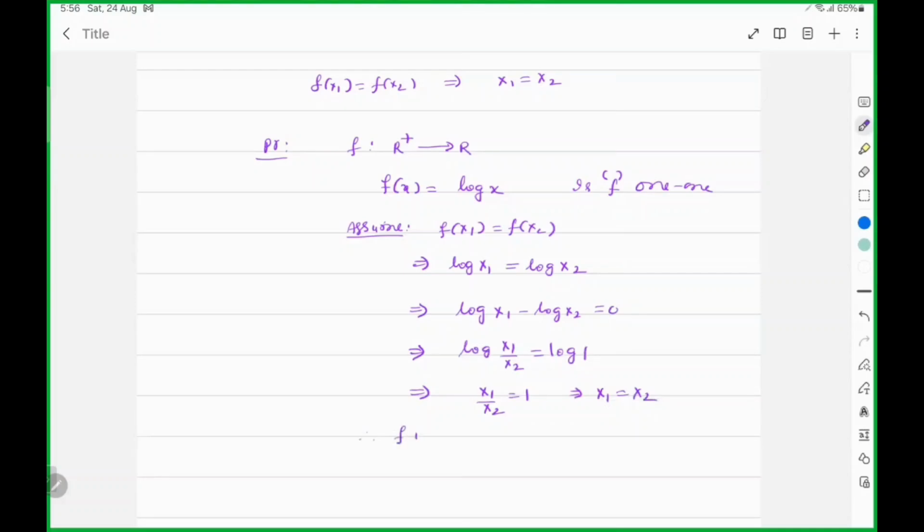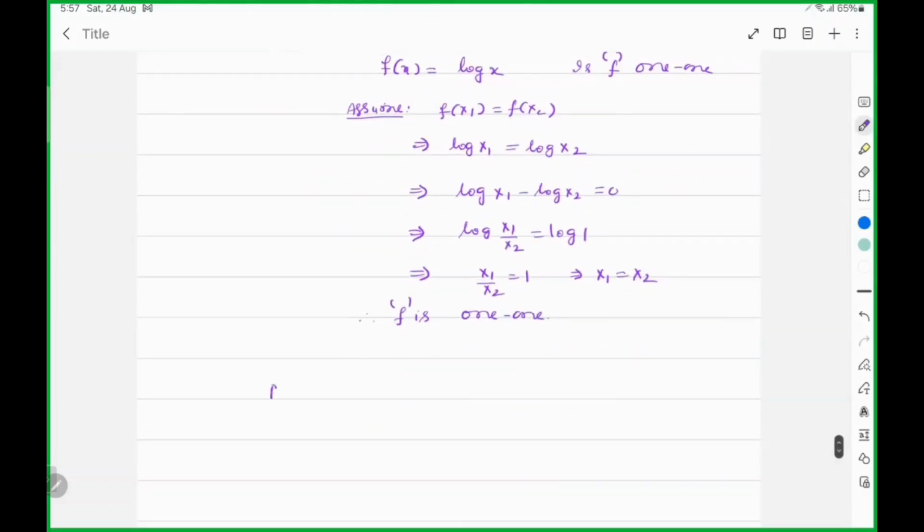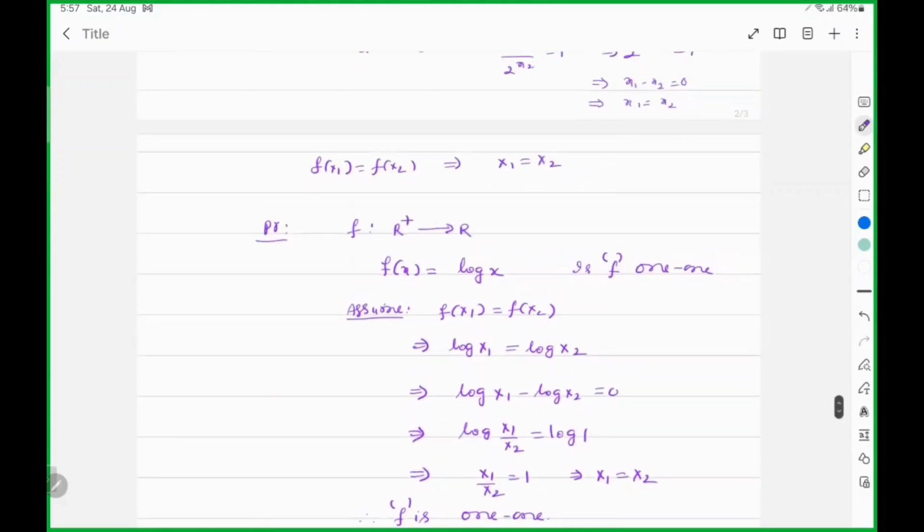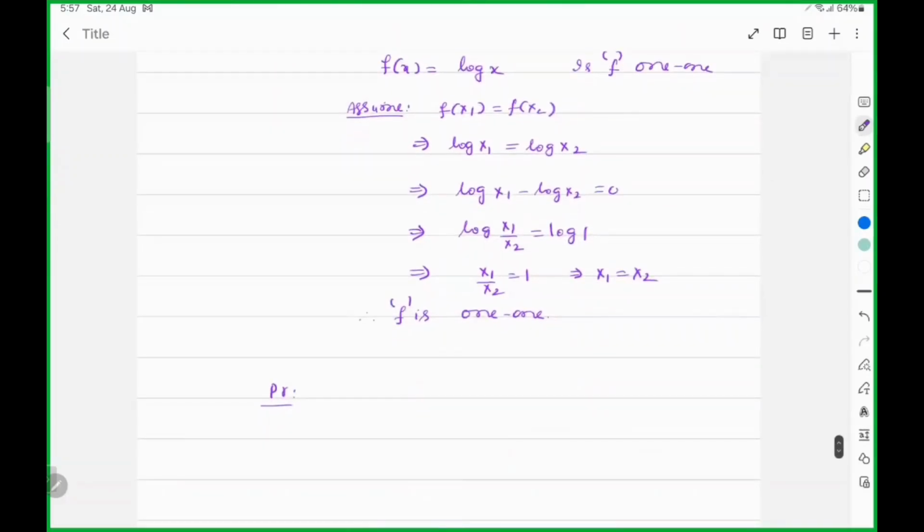Therefore, we say f is one-one. So I have given examples of disproving one-one by giving counterexamples, and this is the procedure to prove that a given function is one-one.